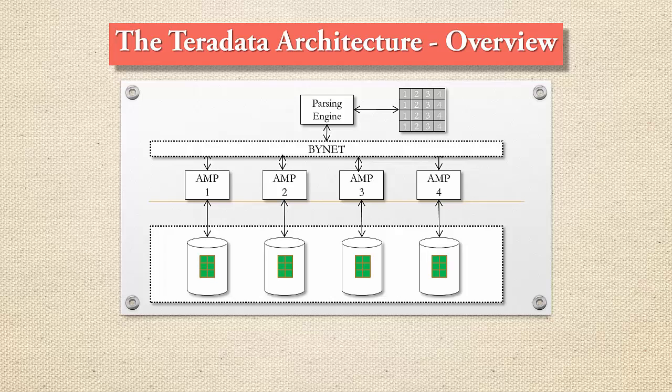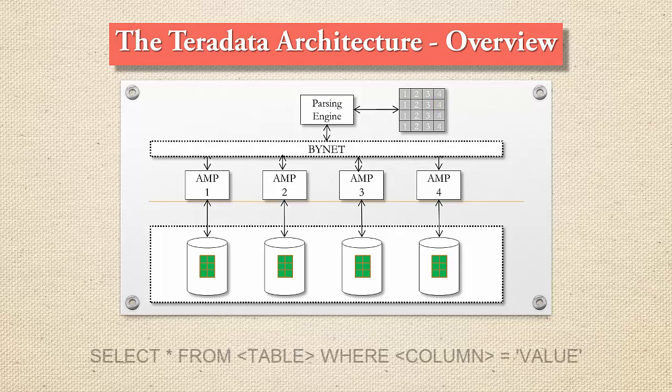This is done by taking the second half, so the second 16 of the 32 bits of the row hash value. These second 16 bits carry the hash bucket information. You can see here as a sketch in form of a gray matrix. One hash bucket tells which amp number is responsible for the information.